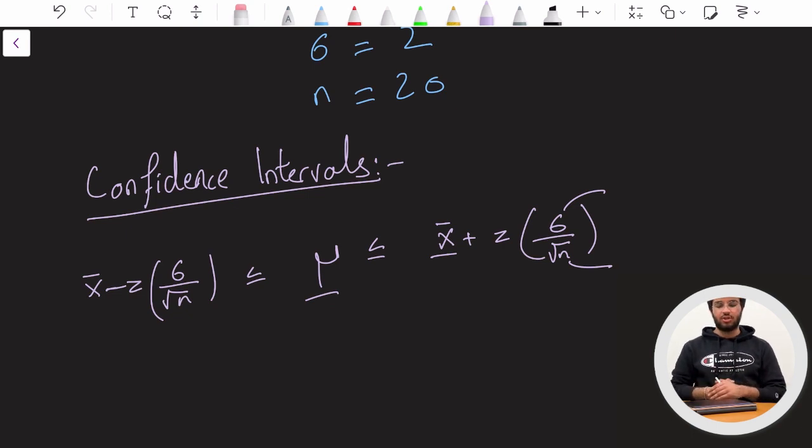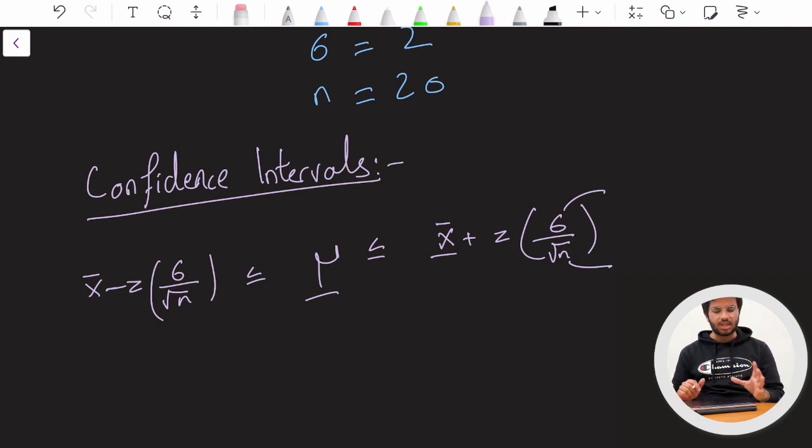Before I move on, I just said population standard deviation. So to estimate the mean, you need to know the population standard deviation. But what if you don't? What can you do in that case? Well, you can just use the sample standard deviation.